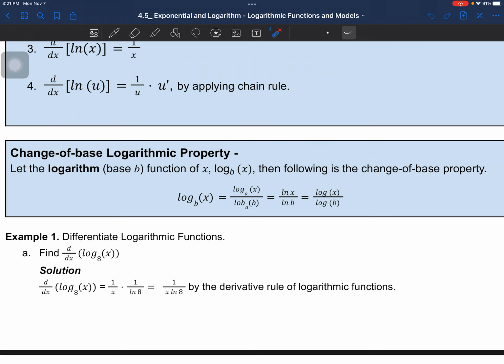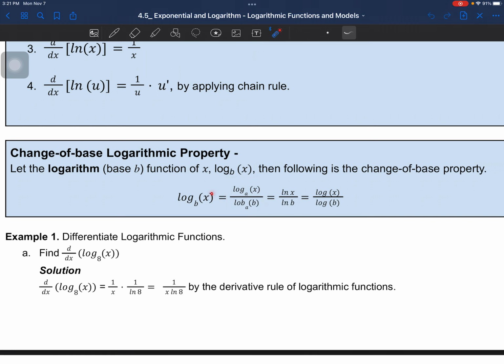So moving on to the next special property. This is sometimes useful, but now with calculators it's not as useful because we can just put it in the calculator. But this is a special property that allows us to change the base of a logarithm. So this is just easy for us to compute.